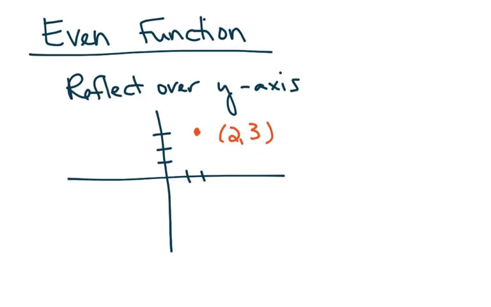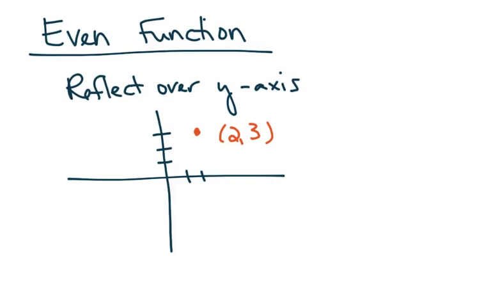There are two special types of functions. One's called even and one's called odd. An even function is a graph that can reflect itself over the y-axis. So here's the point 2, 3. Reflecting it over the y-axis means pretend like the y-axis is a mirror, and you're looking into that mirror.